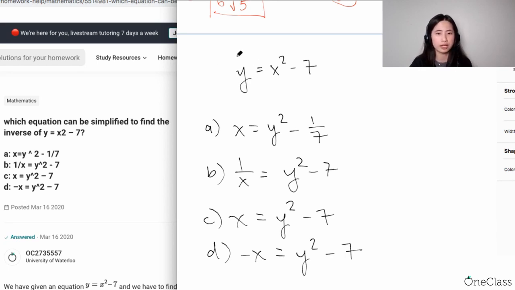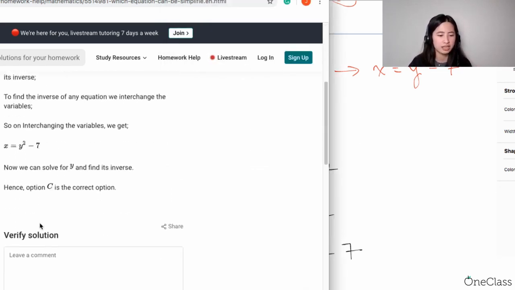So this y becomes an x and this x becomes a y. So you're going to say that x is equal to y squared minus 7. Does that make sense? Okay, great. Because it's only a step that we're looking for, the thing that matches that would be C. That's why the answer should be C.